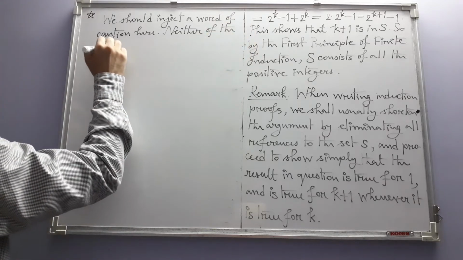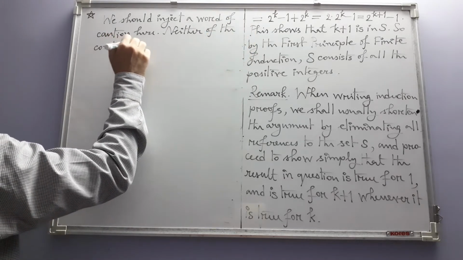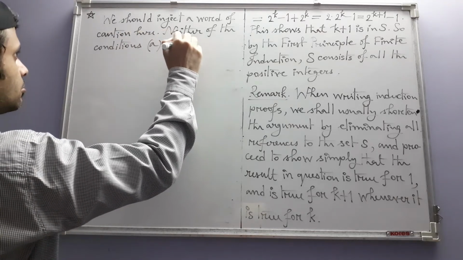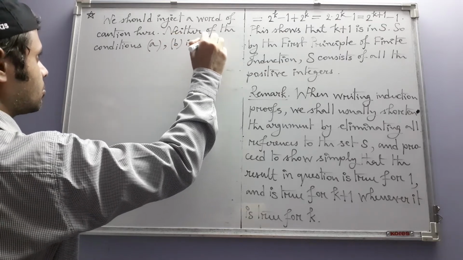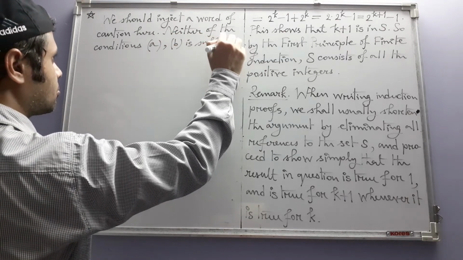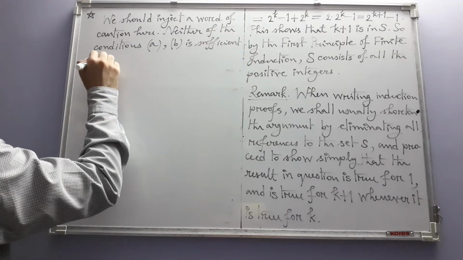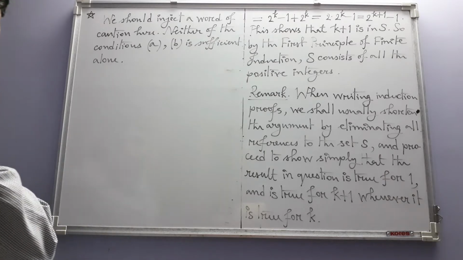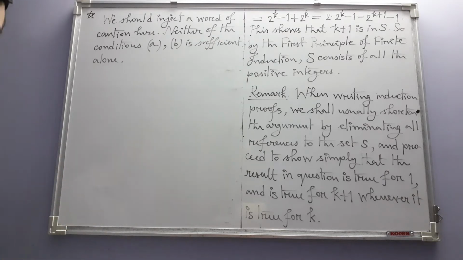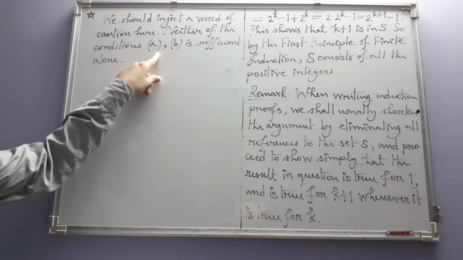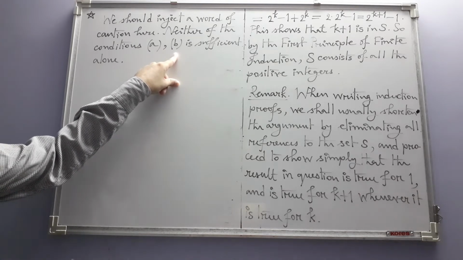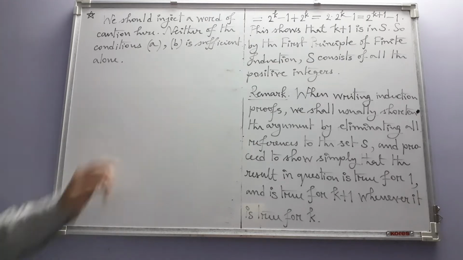Neither of the conditions is sufficient alone. That is, we need to show two things now. That one is in S, and when k is in S, where k is a positive integer, then so is k plus 1. The first one is condition A, the second one is condition B. None of them alone can give you a proof that S is the set of all positive integers.